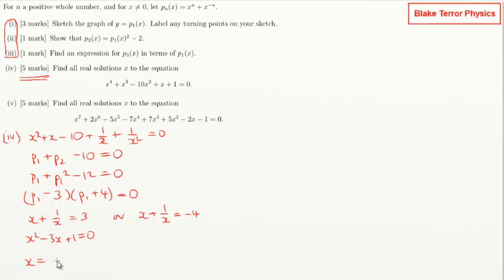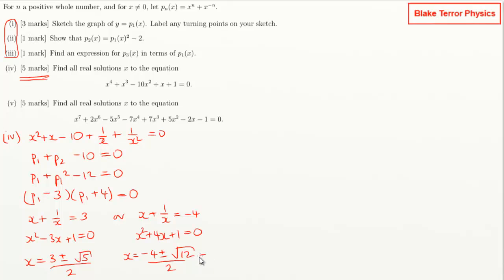That's not going to factorize, so x is 3 plus or minus root of 9 minus 4, so 5, divided by 2. So that's a couple of solutions there. And then we've got x squared plus 4x plus 1 is equal to 0. So x is equal to minus 4 plus or minus the square root of 12 over 2.